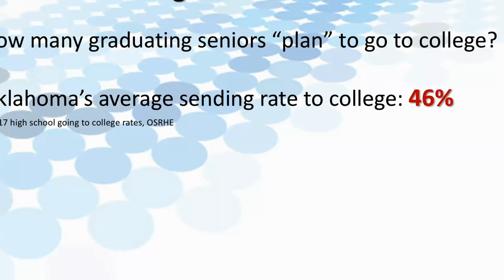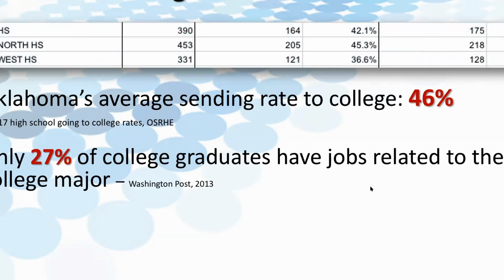Got 25%, 5%, 13, okay. All right, so if I average them out, we're in the neighborhood of 25 to 30%. And I would say you all have a smart group because it's about 27%. Of course, the study is from 2013 from the Washington Post, but about 27% of students who graduate college have a job closely related to their major.